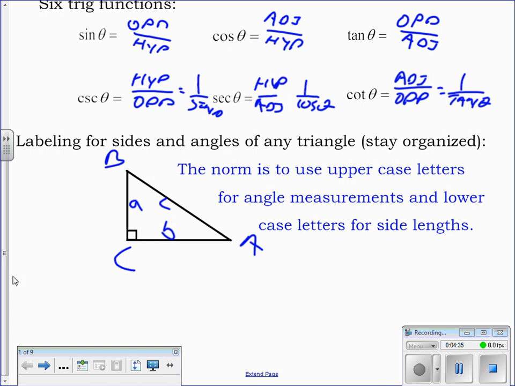That is your standard labeling of a right triangle. Capitals for the vertices, lowercase for the sides. The sides and angles opposite each other are the same letter, just upper and lowercase. Standard labeling procedure. Questions?